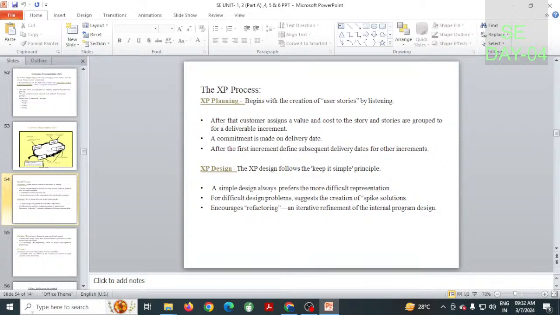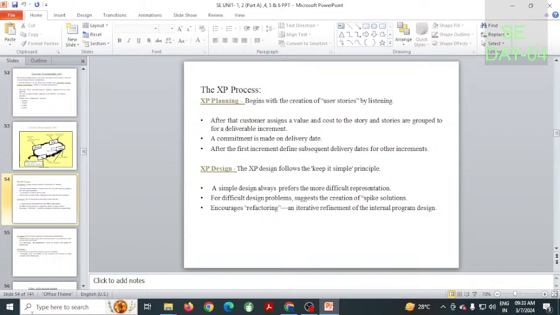The commitment is made on the delivery date, and after the first increment is delivered, subsequent delivery dates are determined for the other increments.